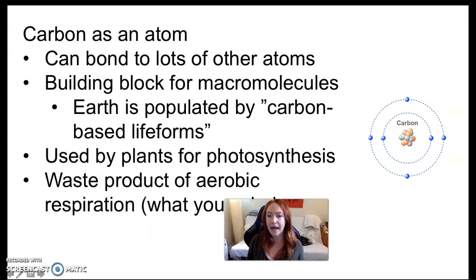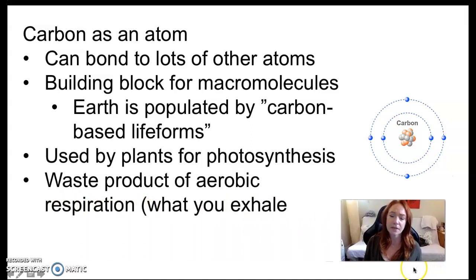So carbon is an atom. It has an atomic number of 6, and that indicates how many protons and electrons that it has. Carbon as an atom is pretty handy. It can bond with a lot of other atoms, and what happens is it does that and creates all of those wonderful, huge chain macromolecules that we talked about at the beginning of the year.